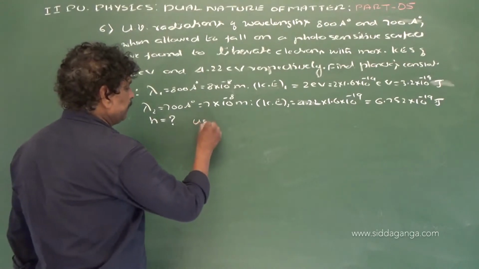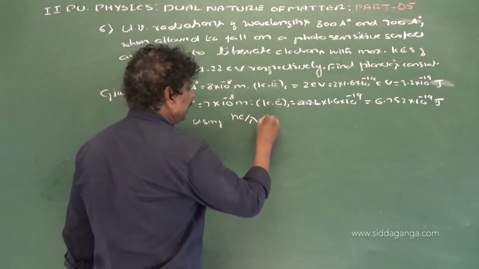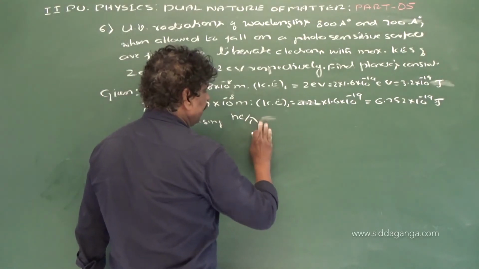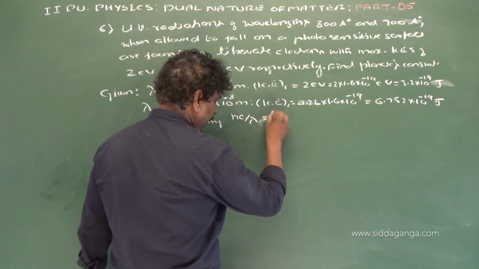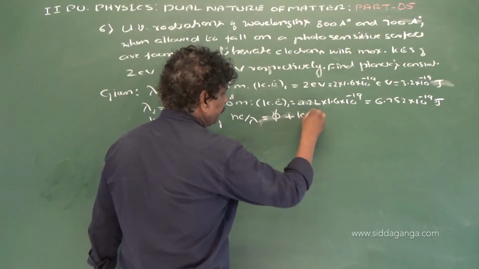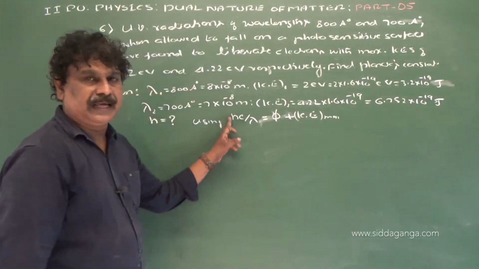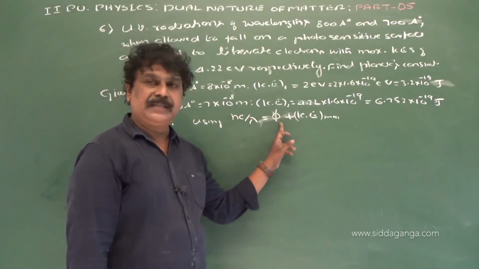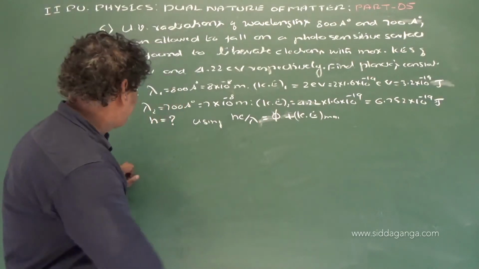Now, using this equation, hc by lambda is equal to phi plus kinetic energy maximum, that is incident energy hc by lambda is equal to phi, the work function, plus kinetic energy.